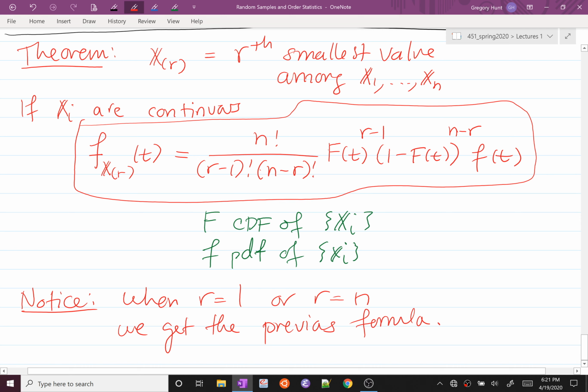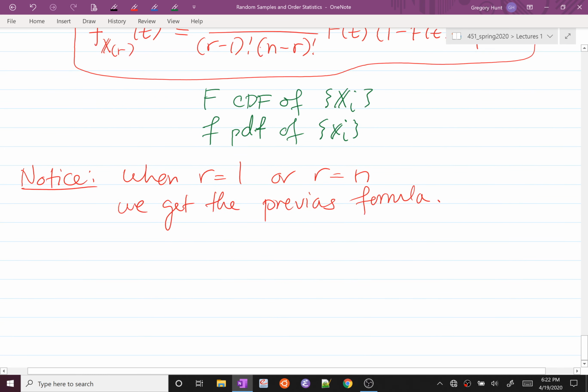So if you plug in r equal to 1 or r equal to n, a lot of these terms will drop out, and you'll get the previous formula that we just derived for the min and the max. Okay. So that's the formula to remember.